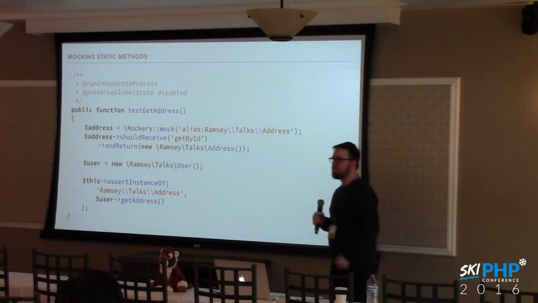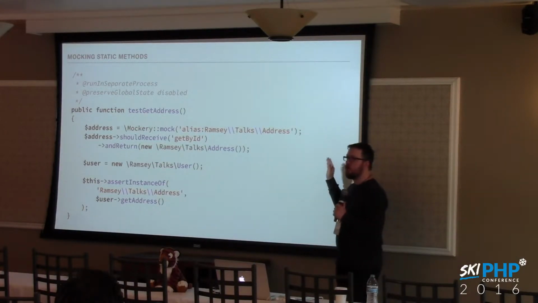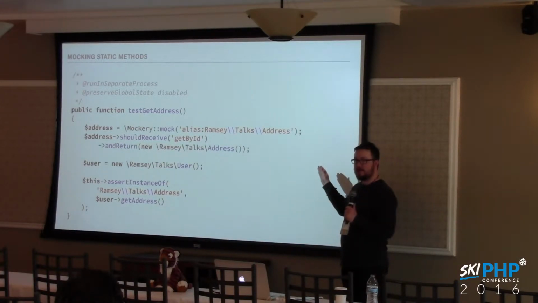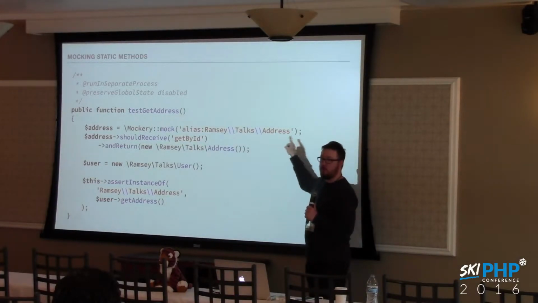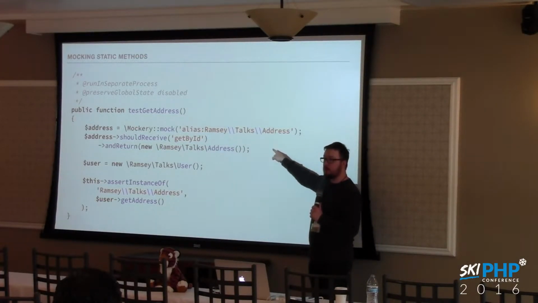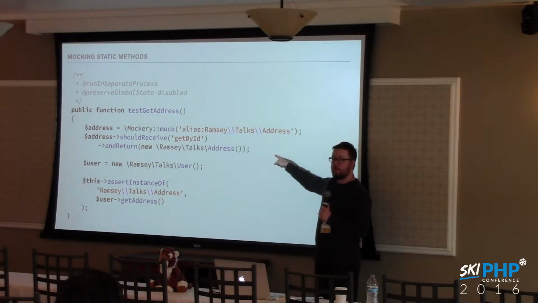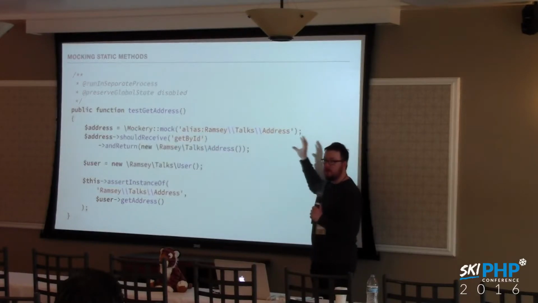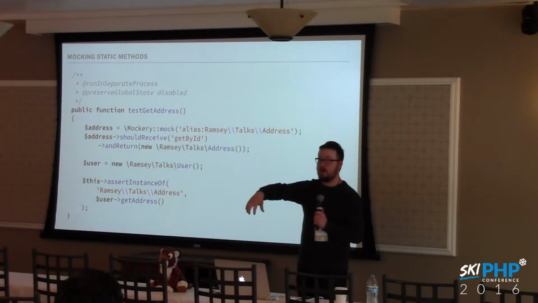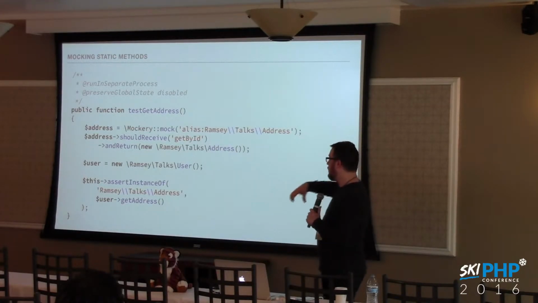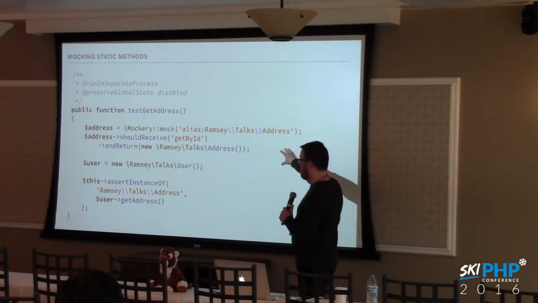What it does is it creates a class in the scope of the test and injects it into the test and then uses that instead of loading your real class. So in a partial mock, it's going to load the real class, right, and replace methods on it. In this case, the real class is not loading at all. It's going to inject its own class with this name into this test and put this method on it.